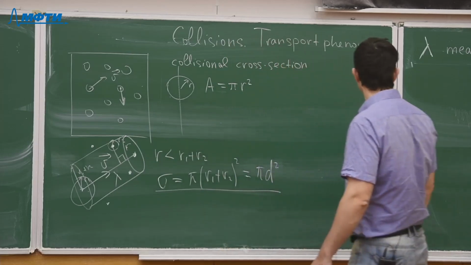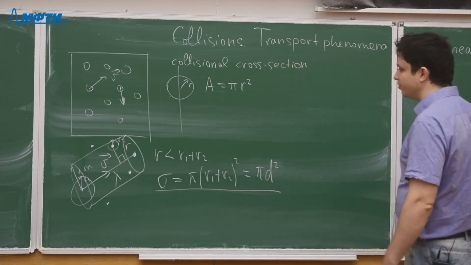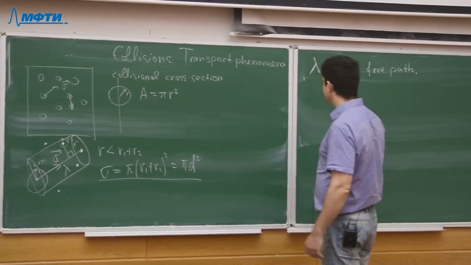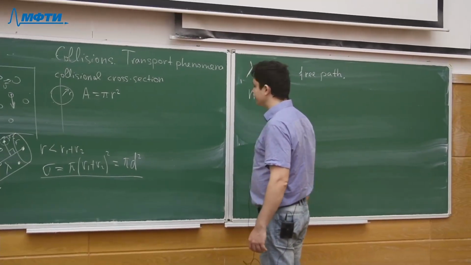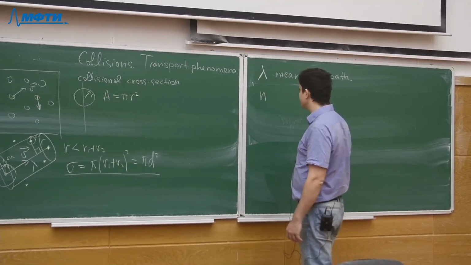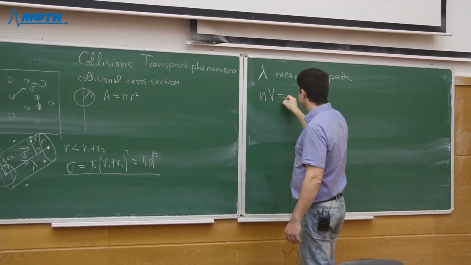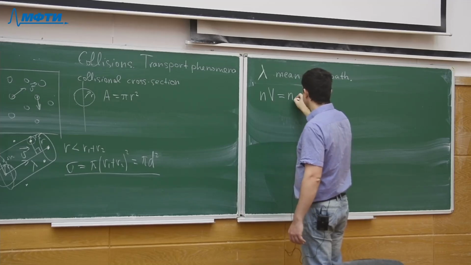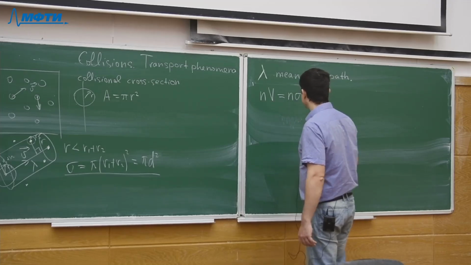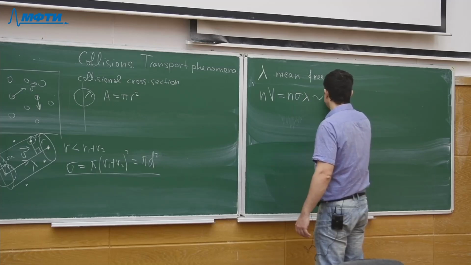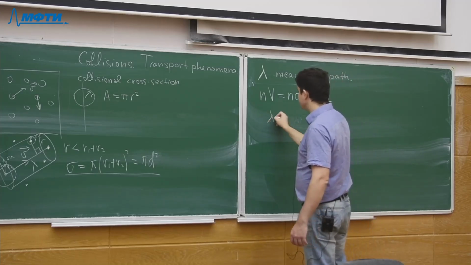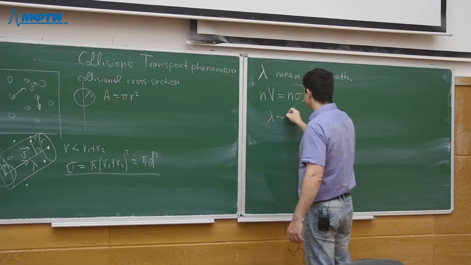So how can we determine the number of molecules inside the cylinder? We need to multiply the number density n of these molecules by the volume of the cylinder, which is equal to V = sigma times lambda. And that should be approximately equal to 1. That gives us an estimate for the mean free path, which is lambda = 1 over n sigma.